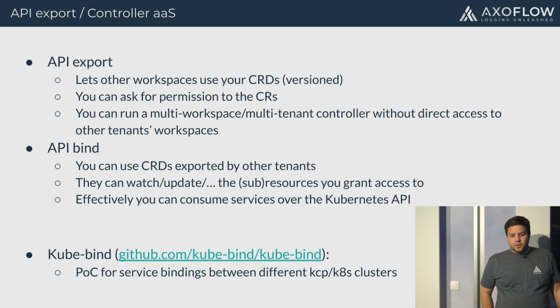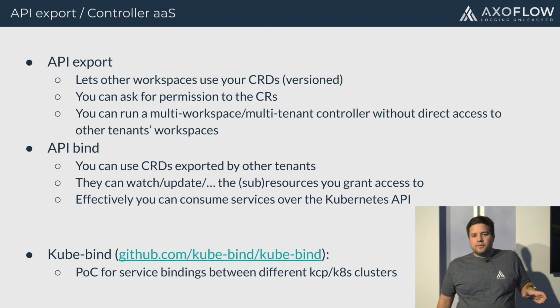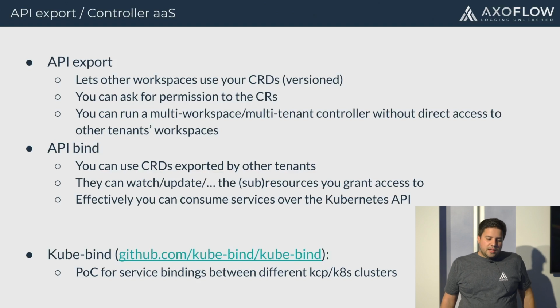So the original promise is offering a way to consume and offer software as a service to your tenants, which basically means that you can use a single tenant as the service provider, where you can run multi-tenant or multi-workspace controllers, which export an API, where the API basically means a CRD.